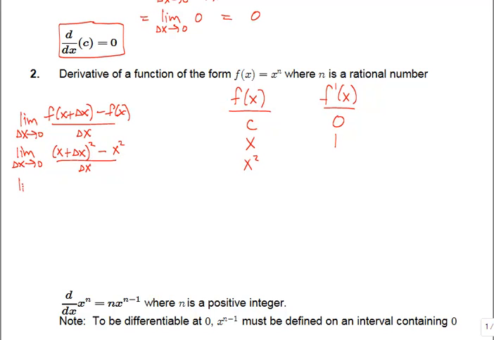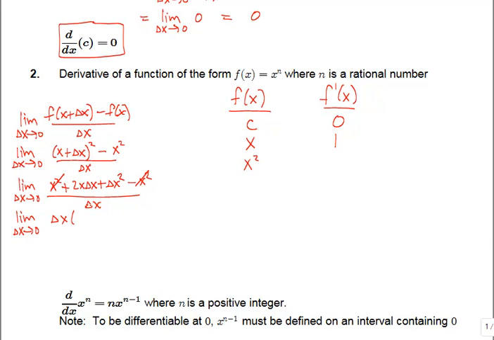Now to simplify that, we're going to go ahead and FOIL out our quantity squared here. So that would give me an x squared plus a 2x delta x plus a delta x squared minus that x squared. And those x squareds cancel out. And that leaves me with terms in the numerator that only have delta x's.